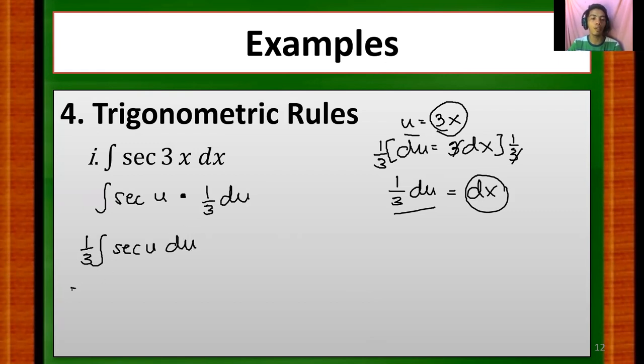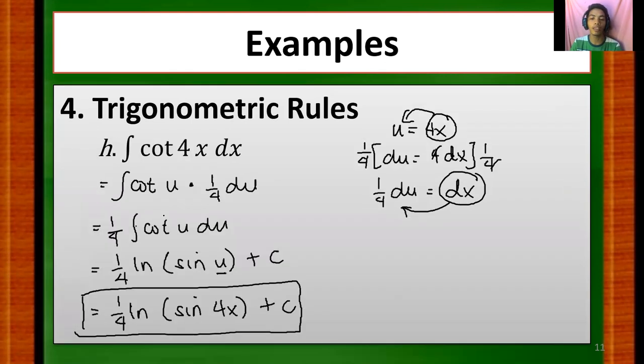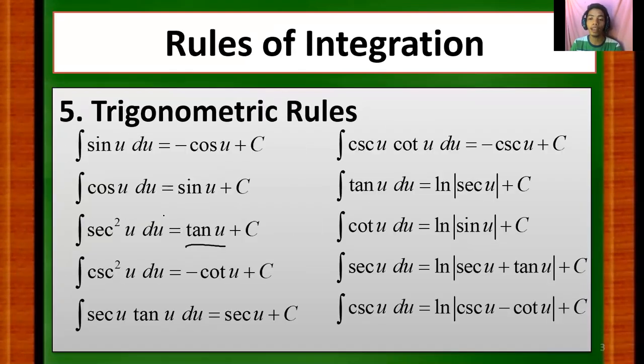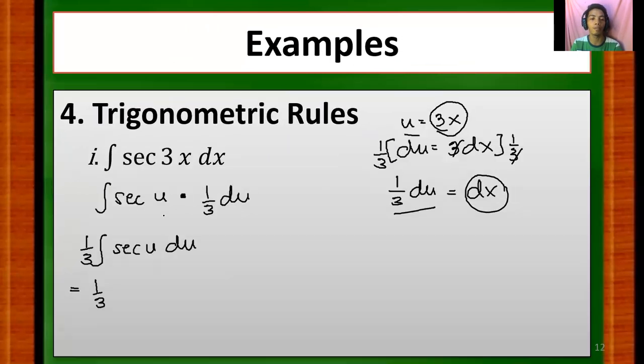And then after that, we will have equals 1/3 multiplied by, ano nga ba yung secant u du? That is equal to ln of secant u plus tangent u plus c. So papalitan lang natin yon. So we have ln of secant u plus tangent u plus c.